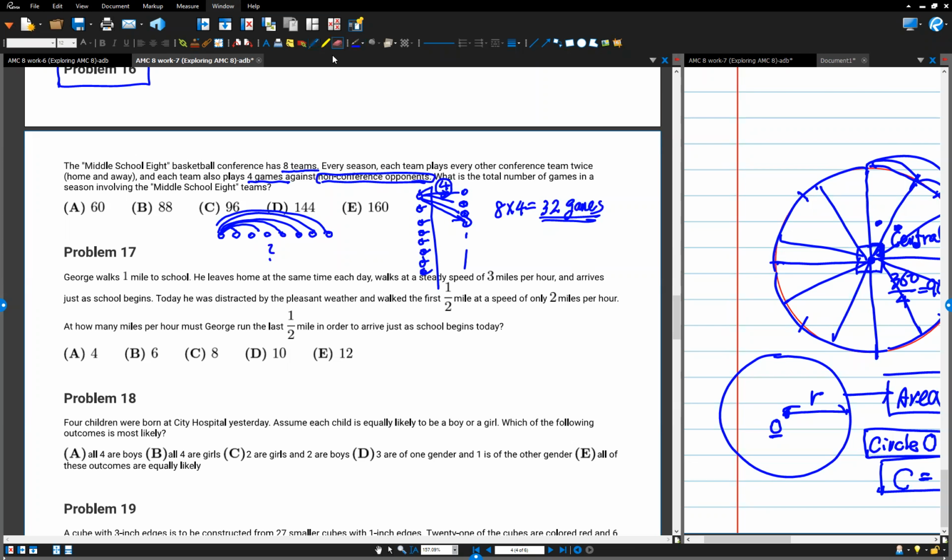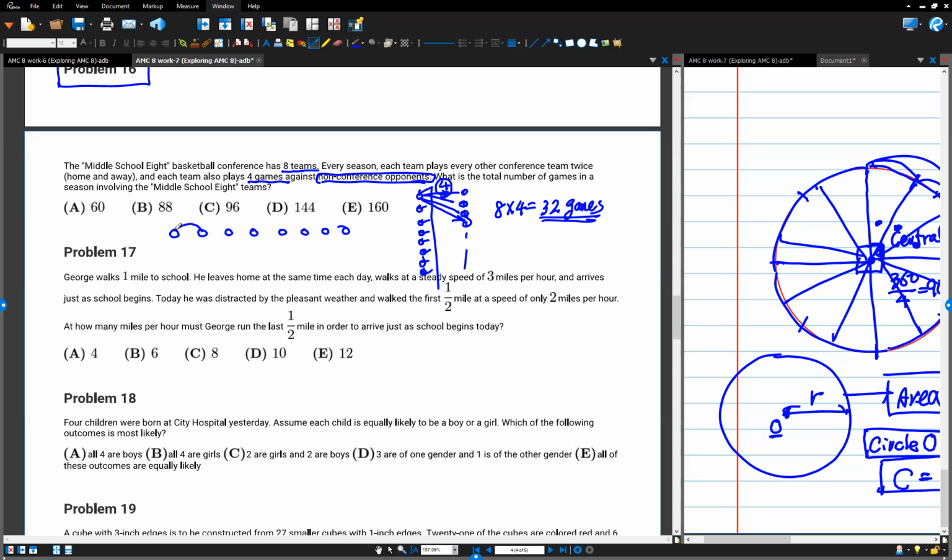Maybe you can try this, okay? This game. 1, 2, 3, 4, 5, 6, 7, 8. Maybe you have a game here, 1, but this game is actually 2 games, right?